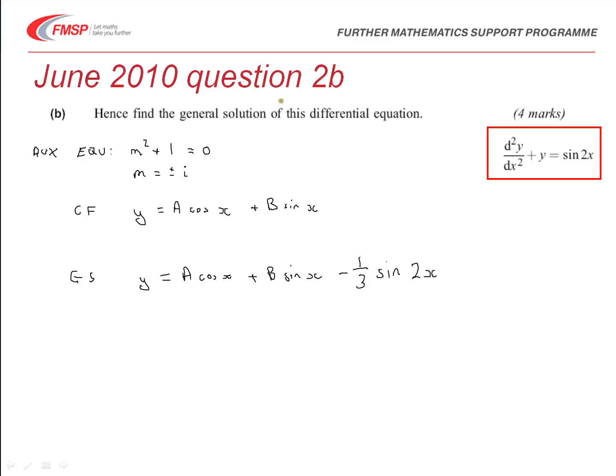4 marks for this will come from a statement obtaining the values from our auxiliary equation, 1 mark, and then we're writing down the correct complementary function, or an attempt at that function, and then an accuracy mark for following through from your solutions to the auxiliary equation into that complementary function.